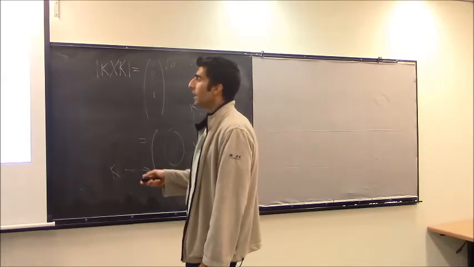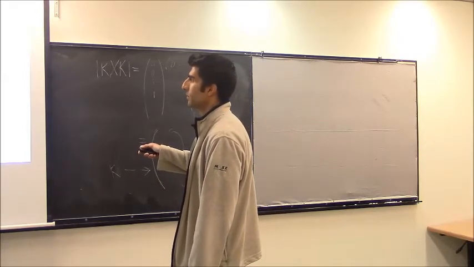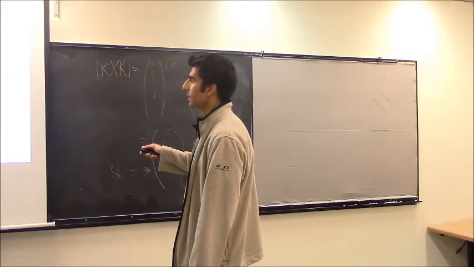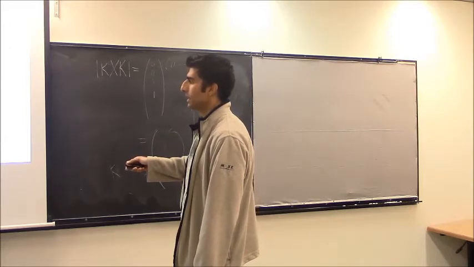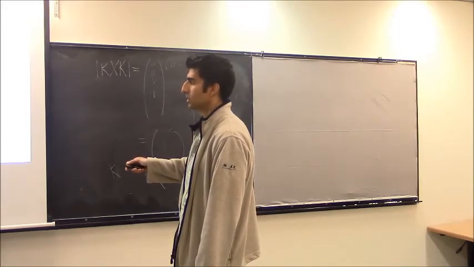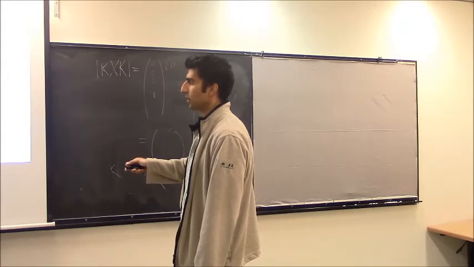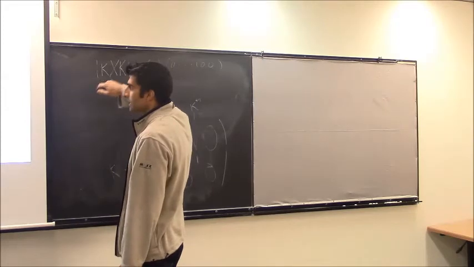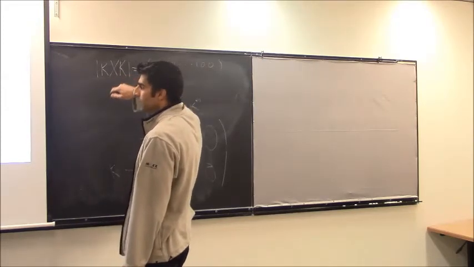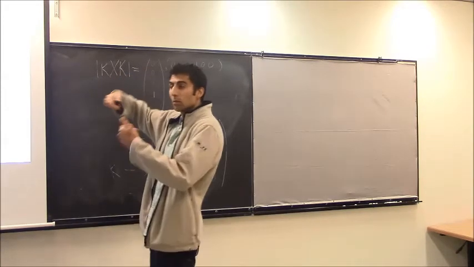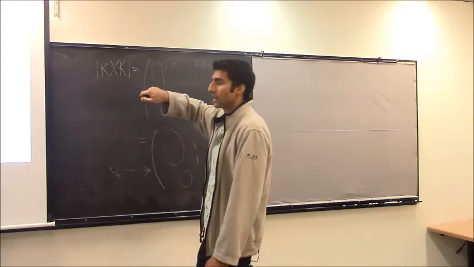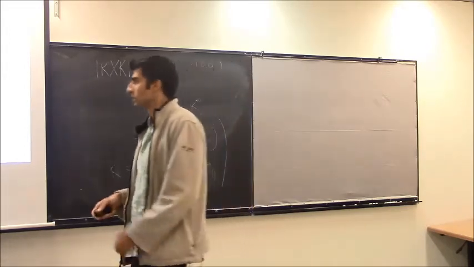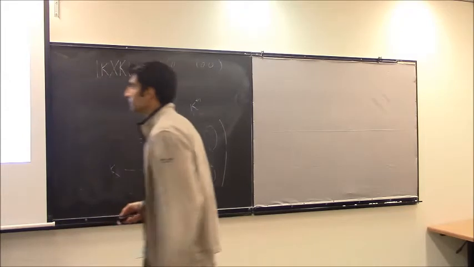Also, the condition that when we sum over the pi_k's they give us back the identity guarantees that the output here has trace 1. If I take the trace of the right-hand side, I just sum over the pi_k's. I know the pi_k's give me the identity, so I just have the trace of rho, but the trace of rho is 1, so the right-hand side is a trace 1 object. So everything fits together nicely.